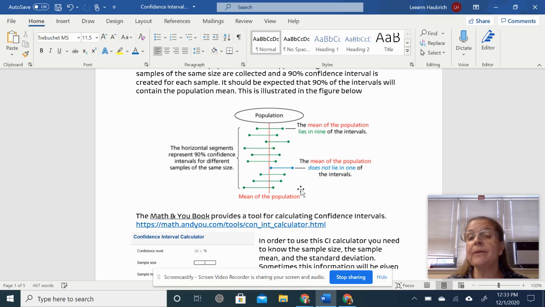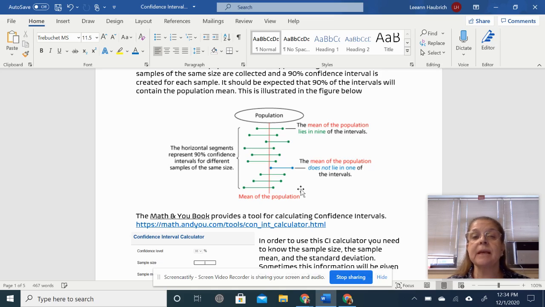95% happens to be a very common level to use because two standard deviations contains 95% of the data. So if you think about those histograms that we had looked at earlier, one standard deviation away on both sides is about 68%.